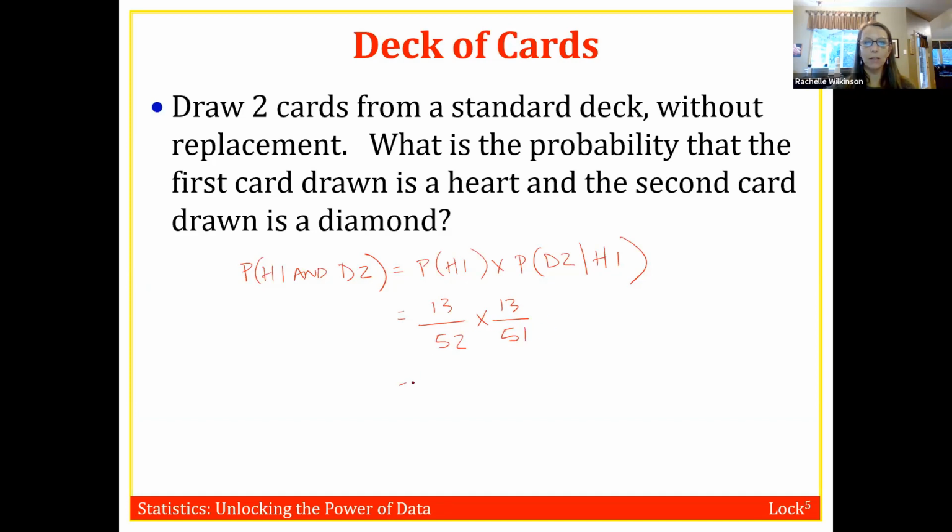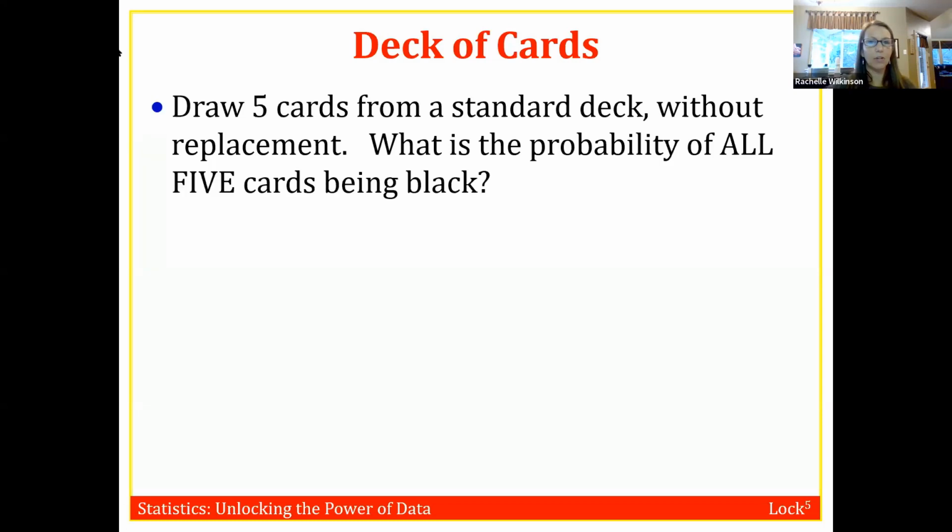So now we multiply those together. That's 0.25 times 0.255, which gives me 0.0637.